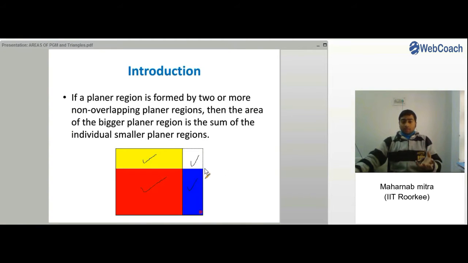Now the area of this big figure is the sum of the individual portions. And we will use these two concepts in the following slides: if the areas are the same, both figures need not be the same, and the sum of the individual parts of a whole figure gives us the area of the whole figure.